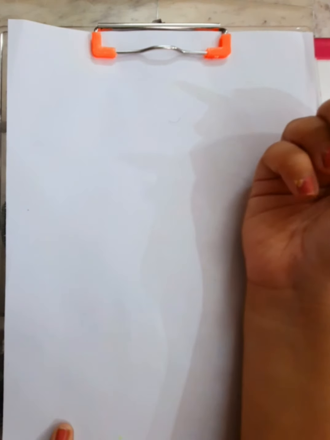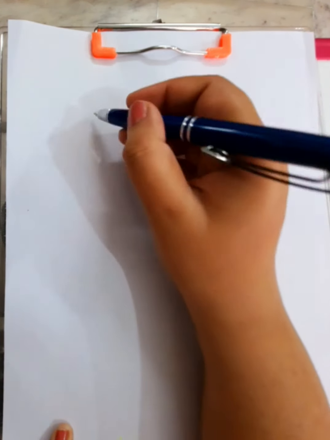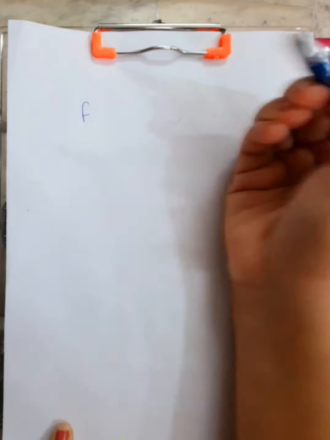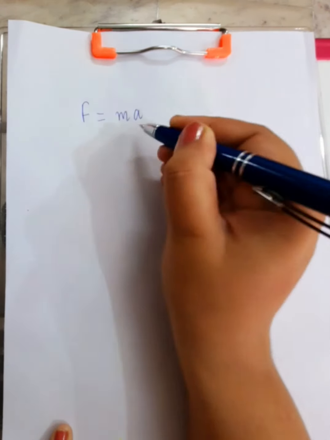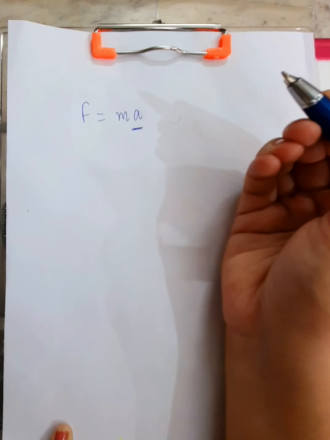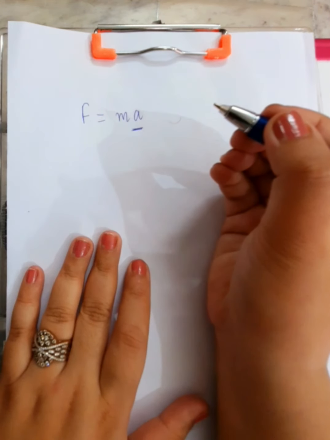So my first question was about a cricket player who lowers his hands to catch a cricket ball. So why does he do that? You know that Newton's second law is force equals mass into acceleration. But acceleration is nothing but change in velocity per unit time.